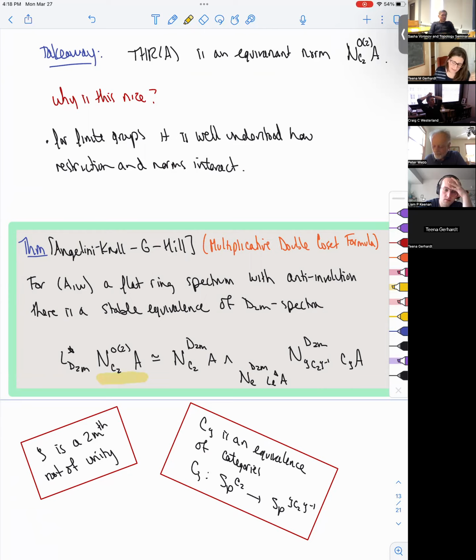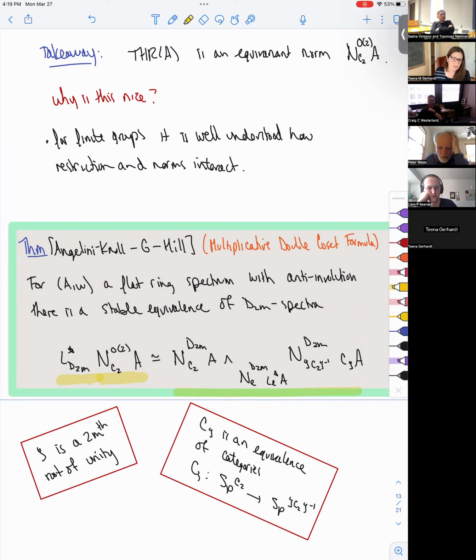But I could ask, let's just forget that it's an O2 spectrum and just think of it as a spectrum for the dihedral group. So that's a subgroup of O2. And what this formula says is it gives a really concrete description of what that looks like as a spectrum for the dihedral group in terms of these finite norms. These on the right-hand side are classical Hill-Hopkins-Ravenel norms of this spectrum.